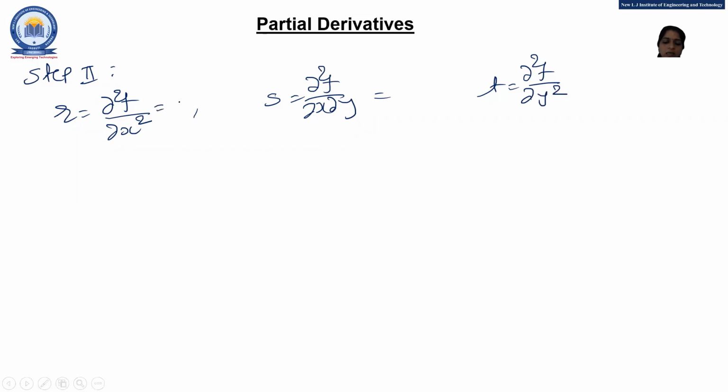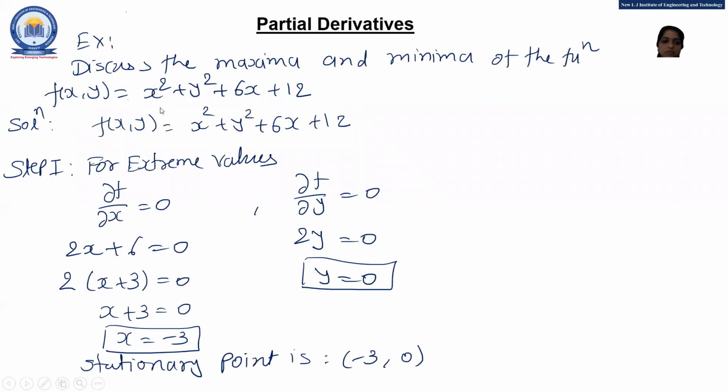So what is our R? We have to find the second derivative of this f with respect to x. It means we have to do the derivative with respect to x of this del f by del x. Our del f by del x is 2x plus 6, right? Now I want to find the second derivative of this with respect to x. So that is 2. So my R is 2.